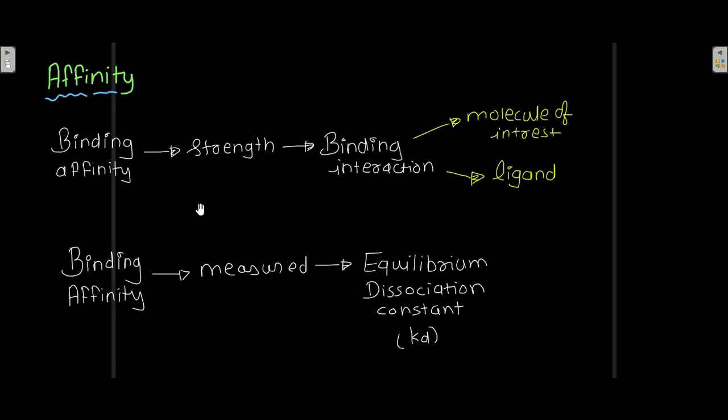Now let's talk about the affinity. The binding affinity is the strength of the binding interaction between the molecule of interest and the ligand. This binding affinity is measured in terms of the equilibrium dissociation constant, which is represented by Kd.